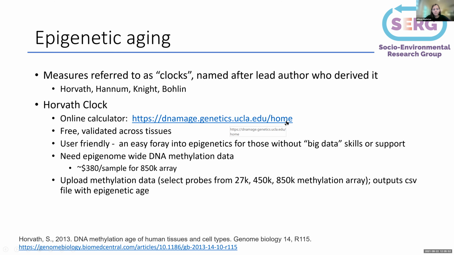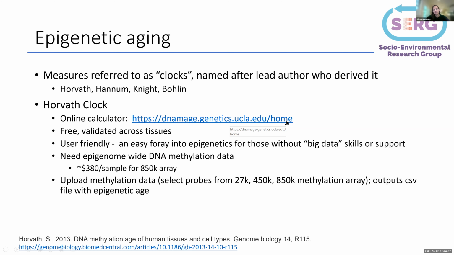I see the Horvath clock as a user-friendly way to get into epigenetics for those who don't have big data skills or analytic support. You can just upload your data and they can pop out what you need for an analysis, which would just be a handful of variables that you can use in a traditional regression framework. You need epigenome-wide DNA methylation to do this.